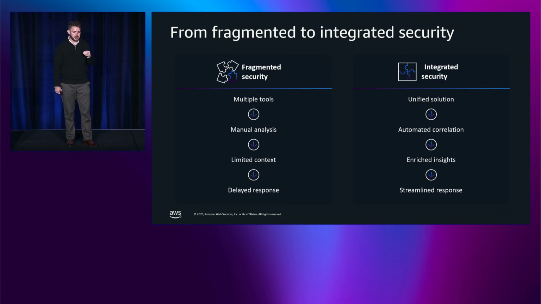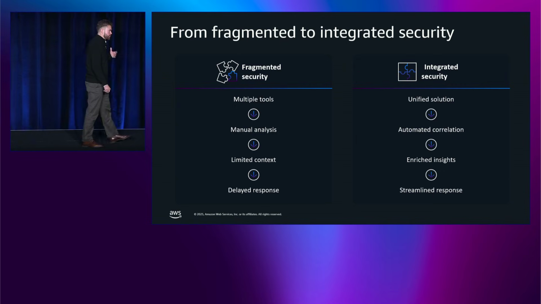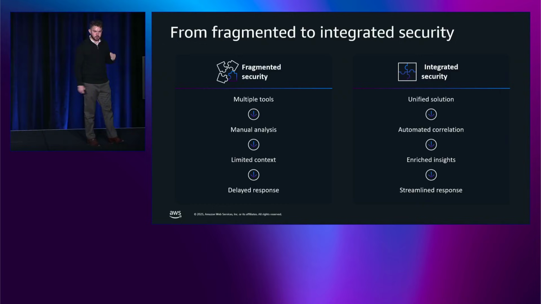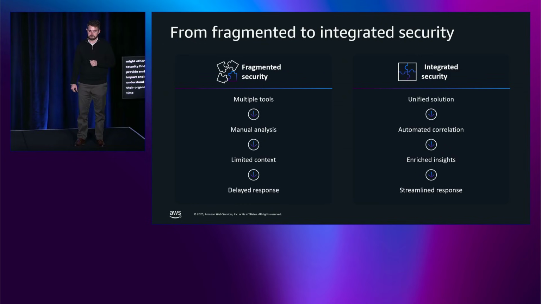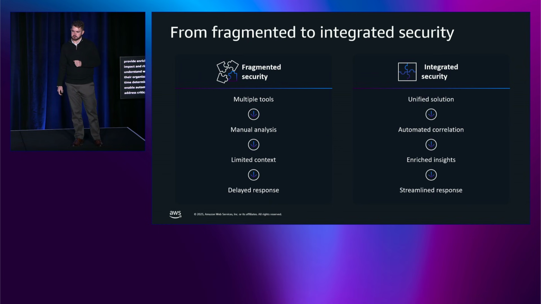Instead of security findings in isolation, we can provide enriched context about business impact and risk levels, helping teams understand which issues truly matter to their organization. Rather than spending time determining how to respond, we enable automated response workflows to address critical issues faster and more efficiently. Let me show you how AWS Security Hub delivers on these transformations.